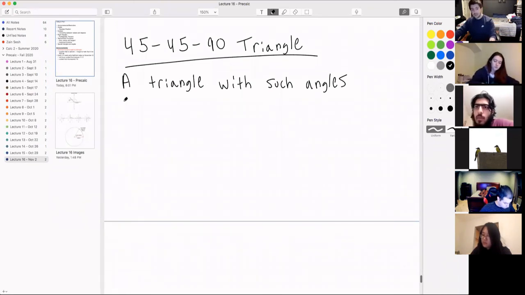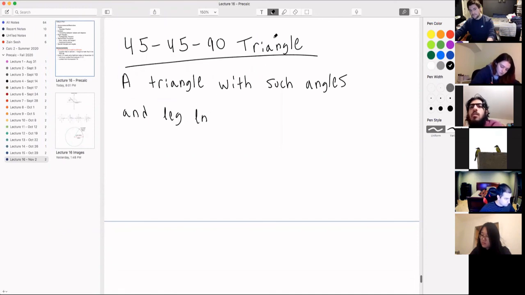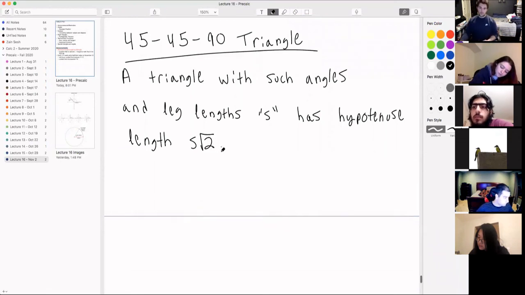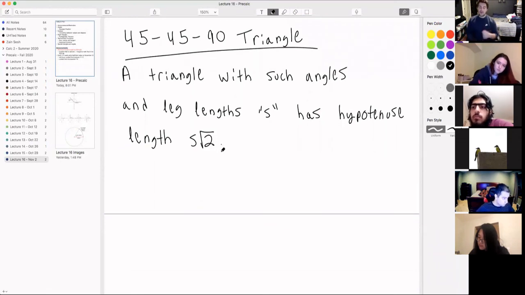A triangle with such angles and leg lengths s has hypotenuse length s times the square root of 2. This is again a very classic and standard fact from geometry.